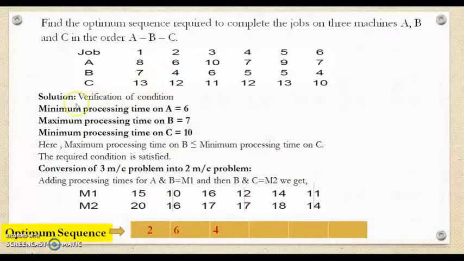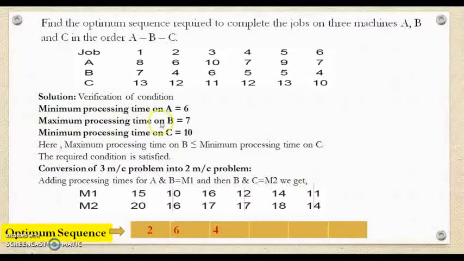Let us find the solution for making the optimum sequence here. As per our conditions, let us check the minimum processing time on A. The minimum processing time on machine A is 6.